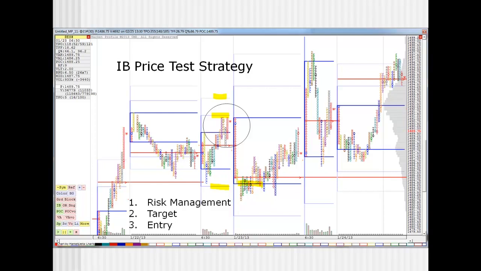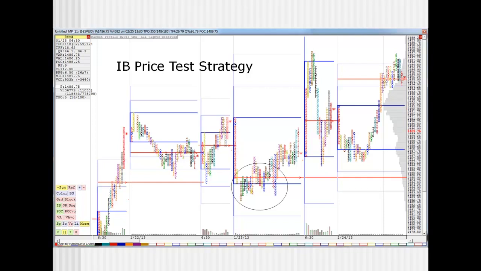Let's focus on it and take a look at what's happening in this area. Another potential trade. Remember, the premise of this whole strategy is the idea of when price tests an IB level. Let's take a look at what happens when that IB level is tested, regardless of whether it's an initial balance high, an initial balance low, or if in fact it is 150% of the initial balance, or if it's 200% of the initial balance.